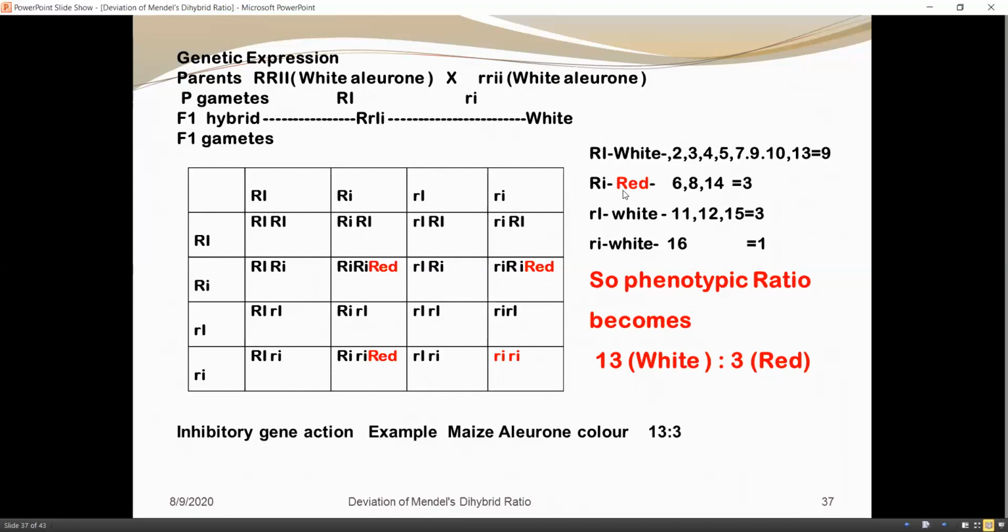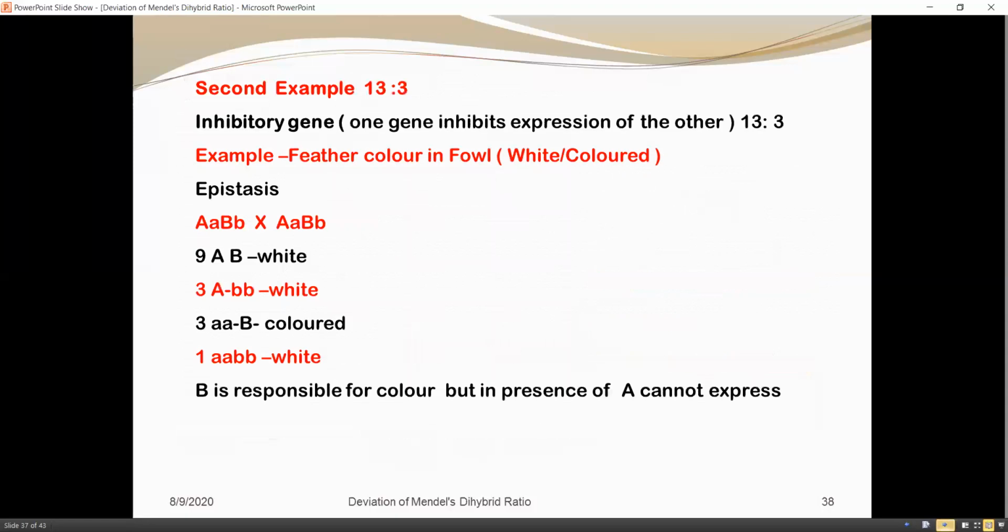R will produce red color only when capital I is not present, and that is in only 3 combinations, 6, 8 and 14. So the ratio becomes 13 is to 3. It is an example of epistasis.